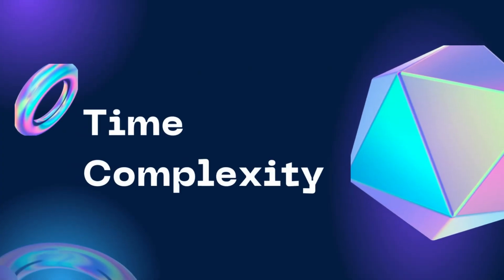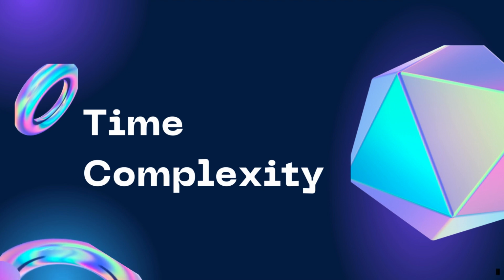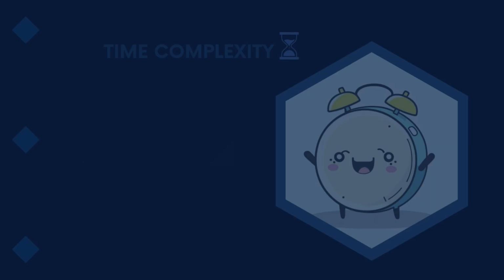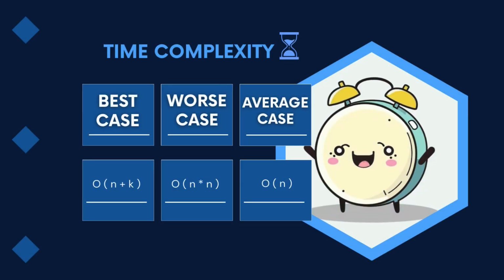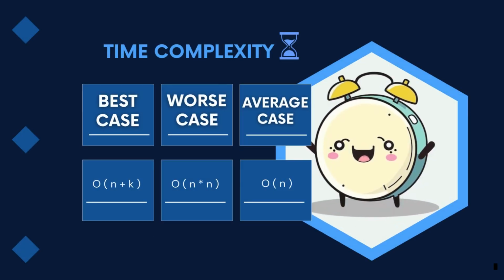Next, we will learn about the complexities of bucket sort algorithm. First, we will see about the time complexity. Talking about the time complexity, we usually have three cases to summarize it. First, we have the best case, that is O of n plus k.